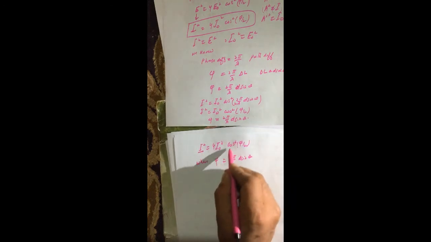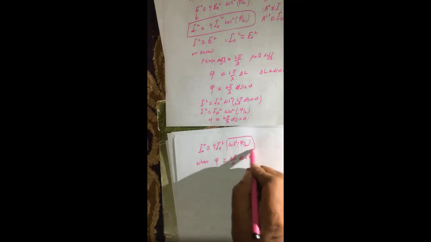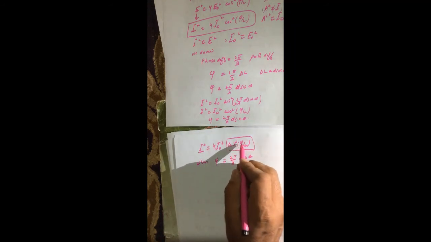Now intensity will be maximum if this part is maximum, and this part is maximum if this cos square phi by 2 has maximum value.